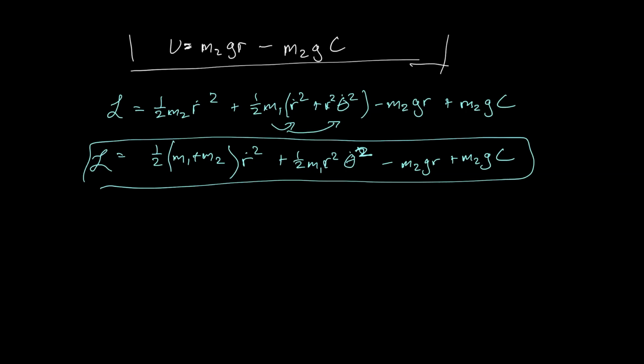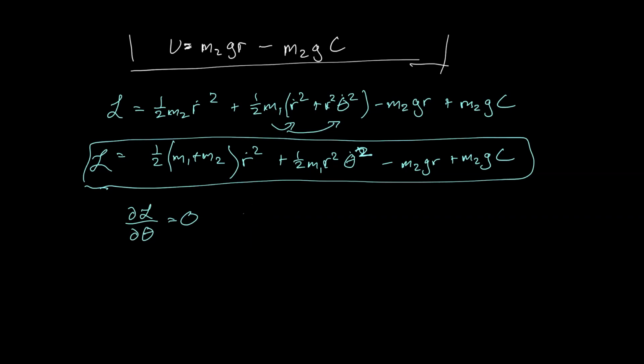Let's start with theta first, because there's something important that comes from this. The partial derivative of the Lagrangian with respect to theta: there are no thetas, so it's 0. And that means that the time derivative of the theta dot, so let's do theta dot first.